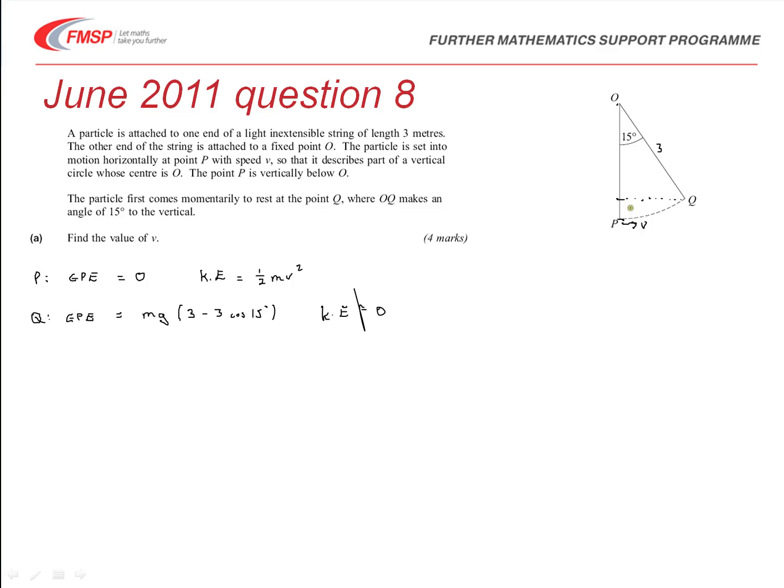Now we can use conservation of energy because the only external force is the tension in the string, but the string is always perpendicular to the motion and so will do no work, so the energy must be conserved.